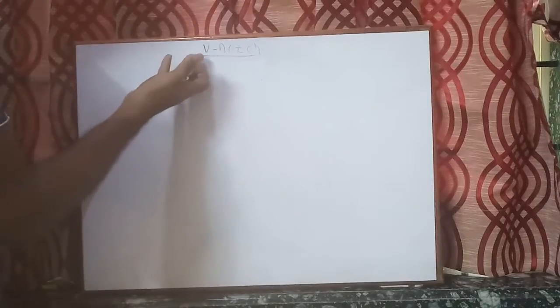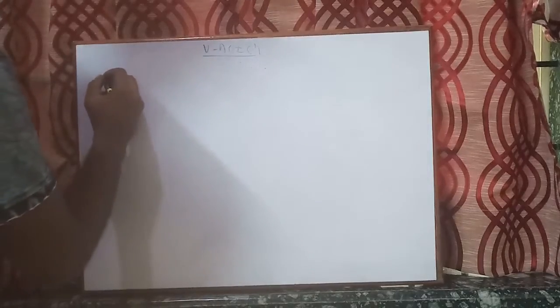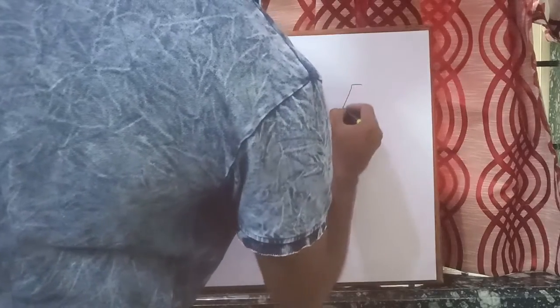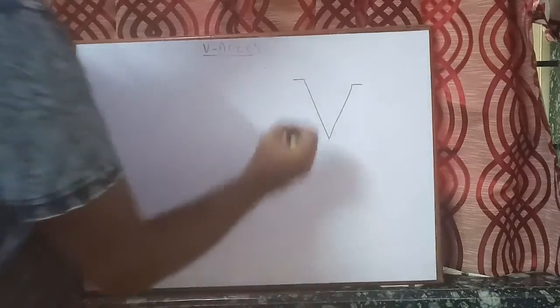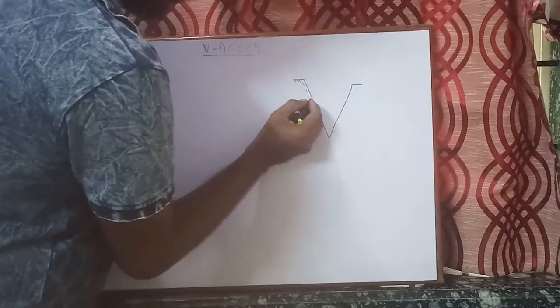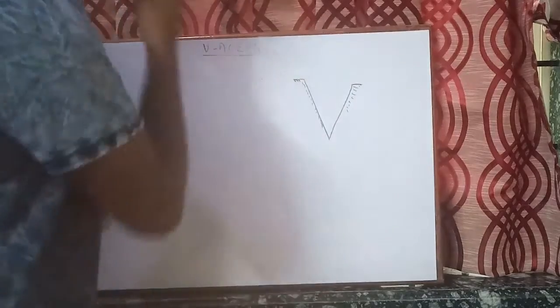You have seen how it looks. It says V, so it has to be in the form of V, the notch. We can start here. It looks like a V. So your V notch looks like a V. Behind this there is a water column.